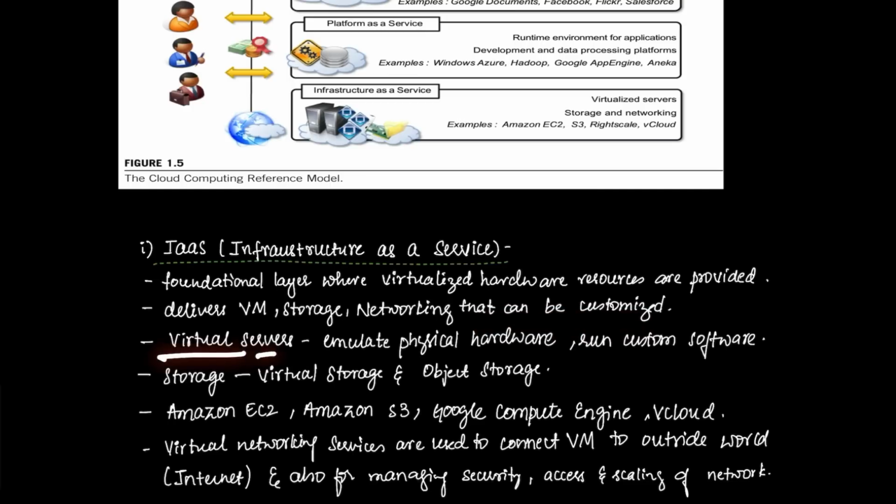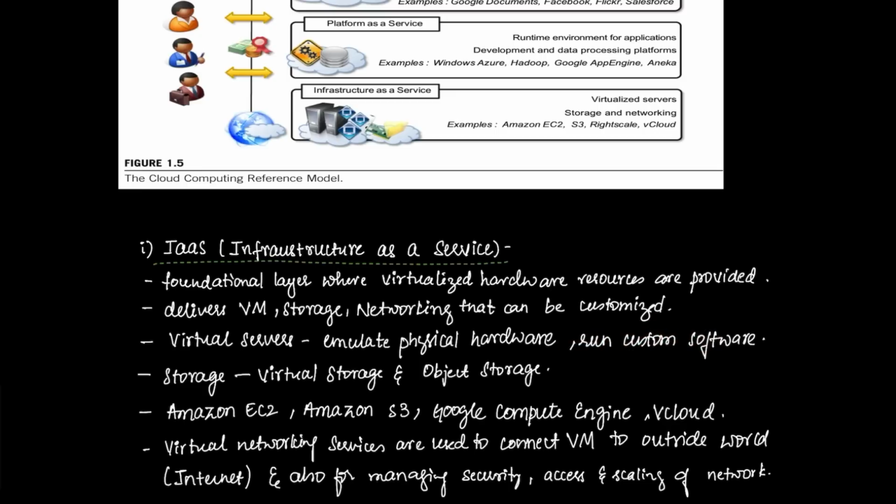So these virtual servers, users get virtual machines, VMs that emulate the physical hardware, allowing them to run custom software. So these virtual machines, they are billed on hourly basis. So pricing depends on the hardware specifications. For example, it could be CPU or memory or storage usage and so on.